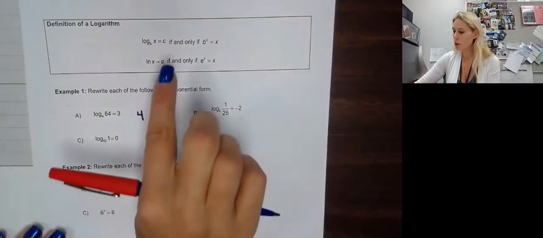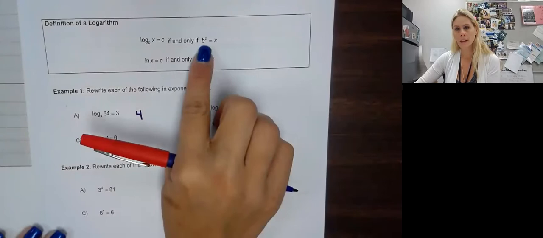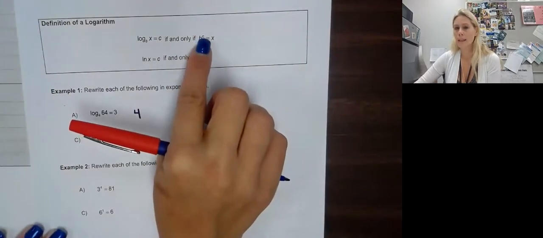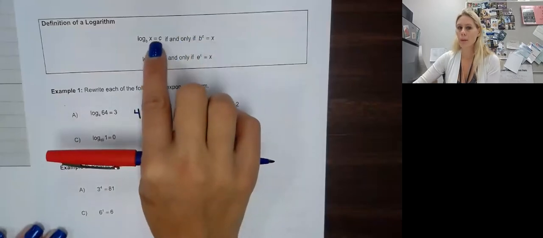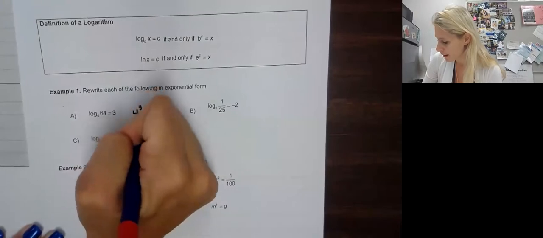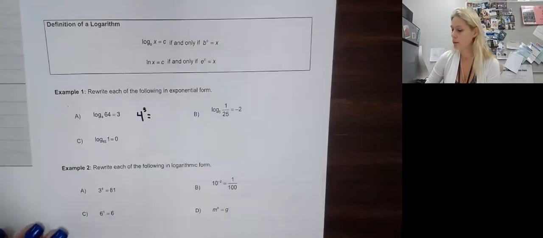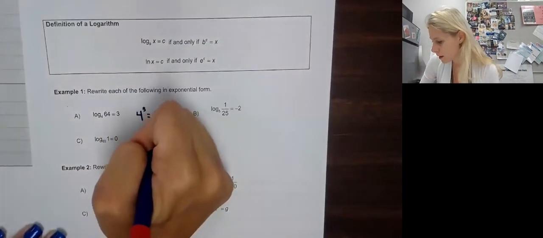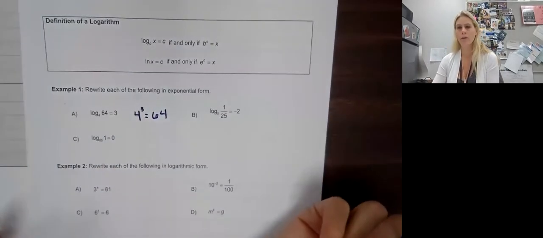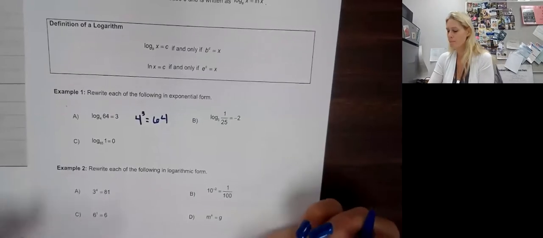Now, if you look in our exponential, after our base comes our exponent. Where do we find our exponent? Well, it's what our log equals. So our exponent is 3. And our x value, what this equals, is 64. And this makes a true statement. We can even check this out on our calculator. 4 to the 3rd is 64.